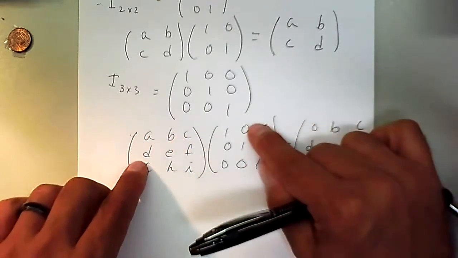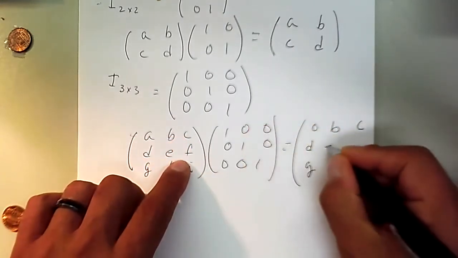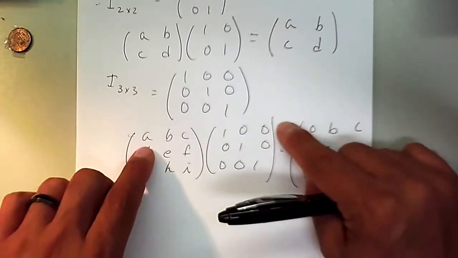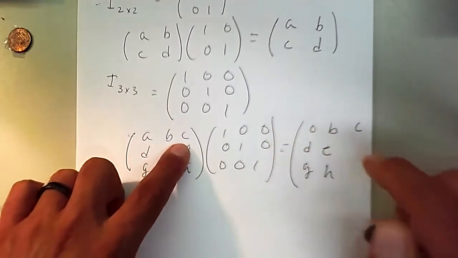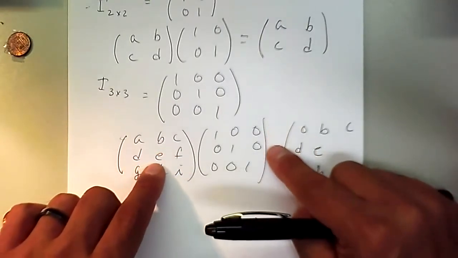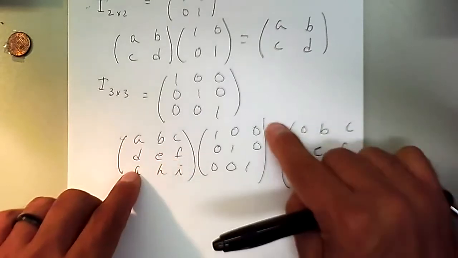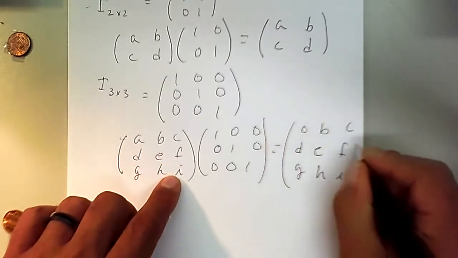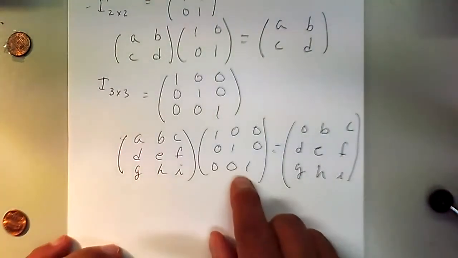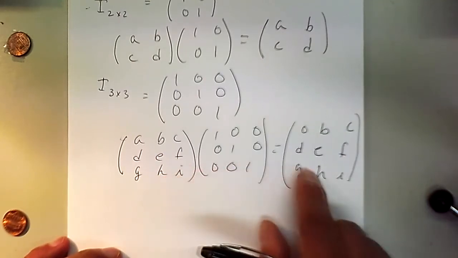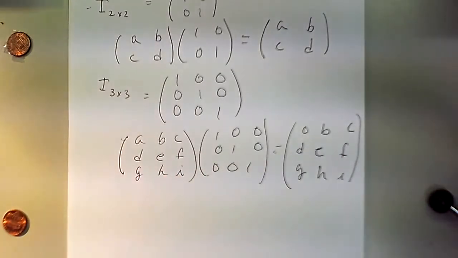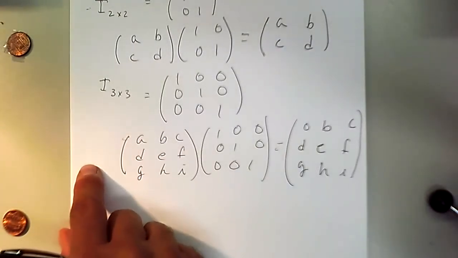Nothing, E, nothing. Nothing, H, nothing. And then the same thing here. Nothing and C. Nothing and F. Nothing and I. There we go. We want to convince ourselves that this is the identity, because when we multiply by any other matrix, we end up with the same matrix that we started with. Not with the identity, of course, but the other one. And if we multiply on the other side, the same thing will happen.